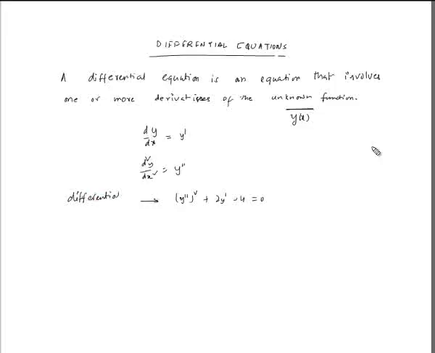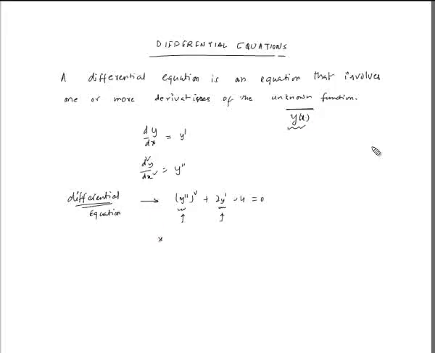It has the y dash terms, the y double dash terms, so the first order derivative term, and then the second order derivative term of the unknown function, which is y of x. It might be y of t also.